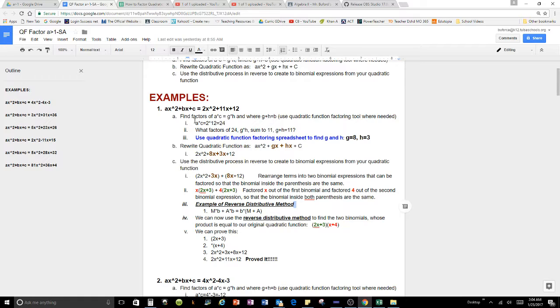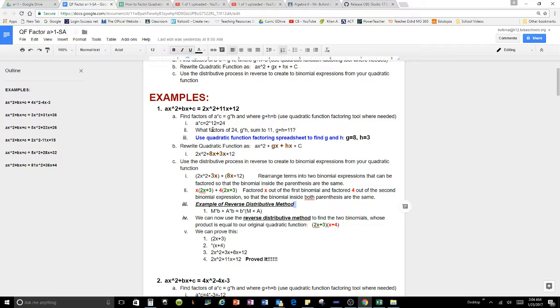So our first criteria, we need to find factors of AC where the product of AC is equal to the product of GH, and where the sum of GH is equal to B. So let's look at what those numbers look like. AC, where A is equal to 2 and C is equal to 12, AC is equal to 24.